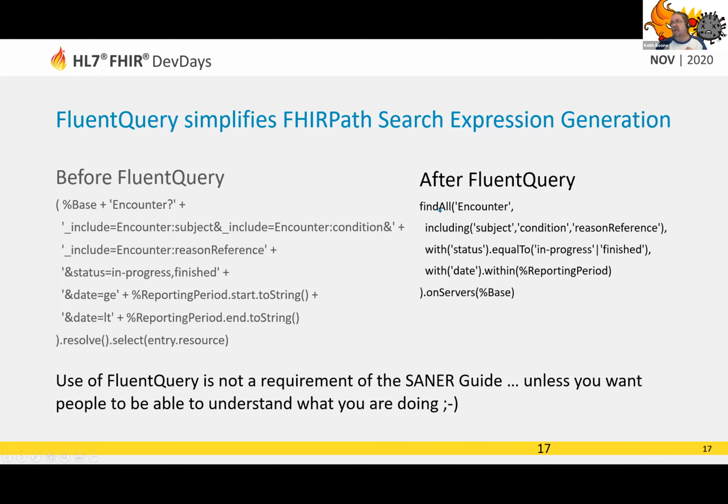But if I just read the words here, find all encounter, including subject, condition, reason reference, with status equal to in progress or finished, with date within reporting period, on servers base. That's almost an English sentence. So much easier to read. It's not a requirement of SANER that you use Fluent Query in measures defined for SANER. But if you want people to understand what you're doing, you probably would want to look at that.